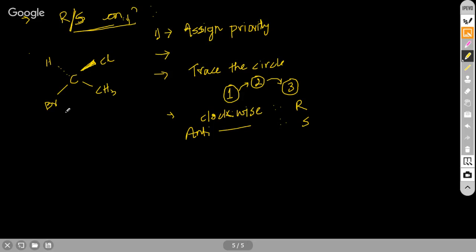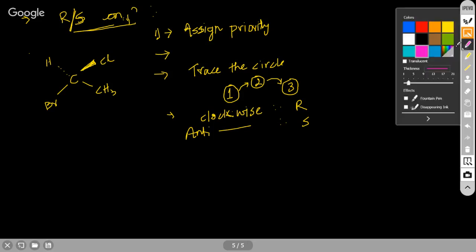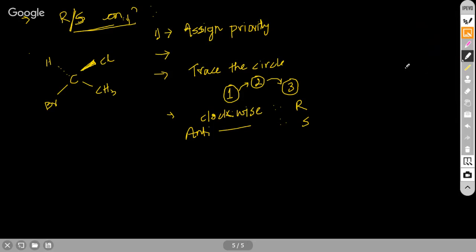Now you see we are going to assign the configuration of this molecule. Correct? First of all, we have to assign priority. Shreya, priority will be assigned by the comparison of atomic number. So we'll compare the atomic number of all these elements.